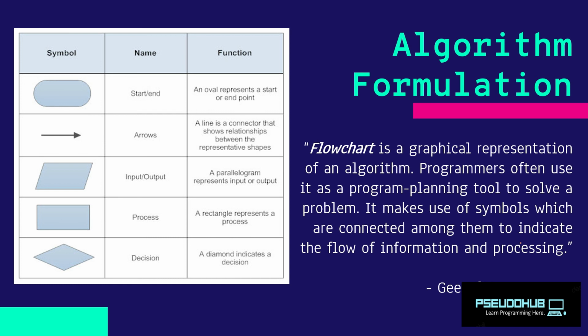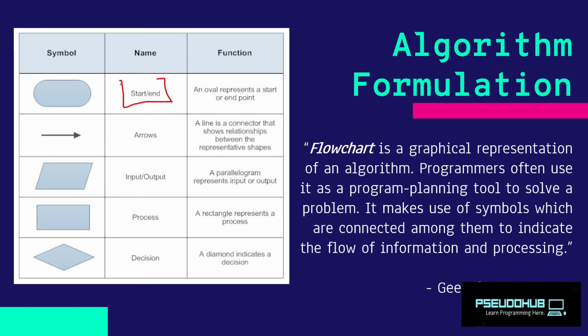Because a flowchart is a graphical representation of an algorithm. Programmers often use this as a program planning tool to solve a problem, because it uses symbols that we connect to indicate the flow of process or information in your program.